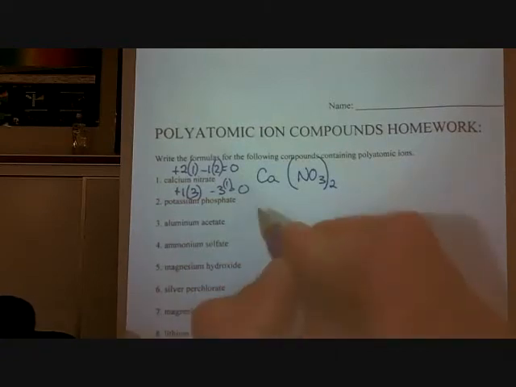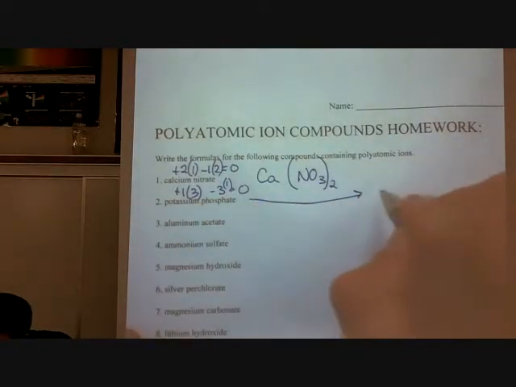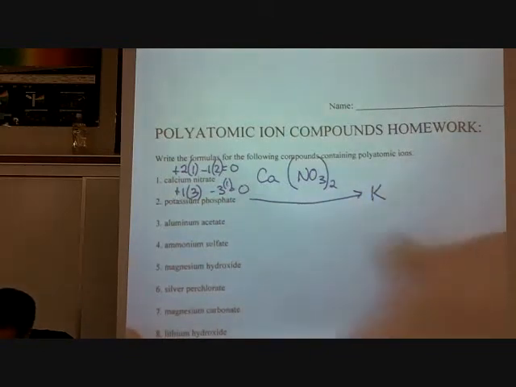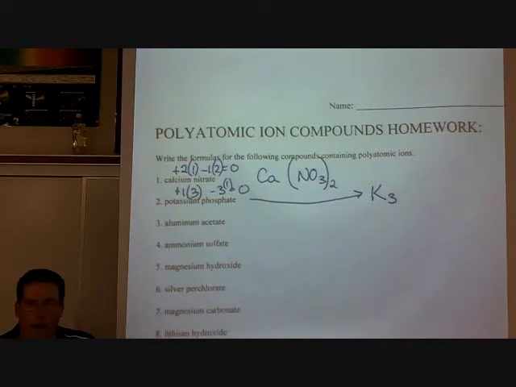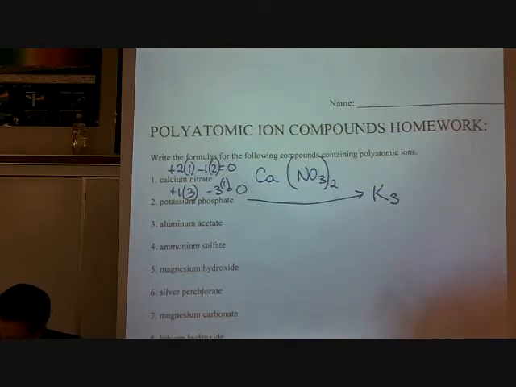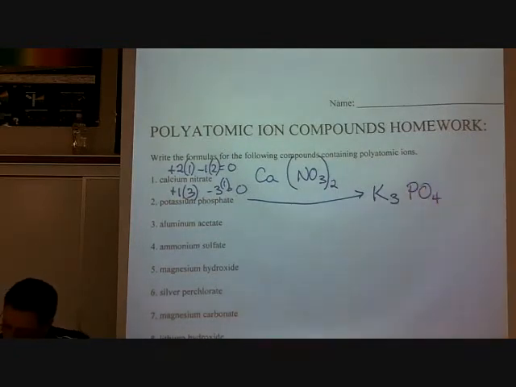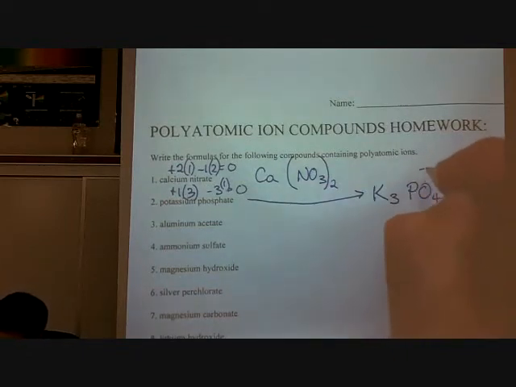Over here, since I have a 3 for potassium, I need to write K with a subscript 3, just like I did when I was balancing the other ionic compounds. Phosphate was PO4 with a -3 charge, so I'm going to write PO4. And if you need to, you can write charges above this, just to keep yourself in check.